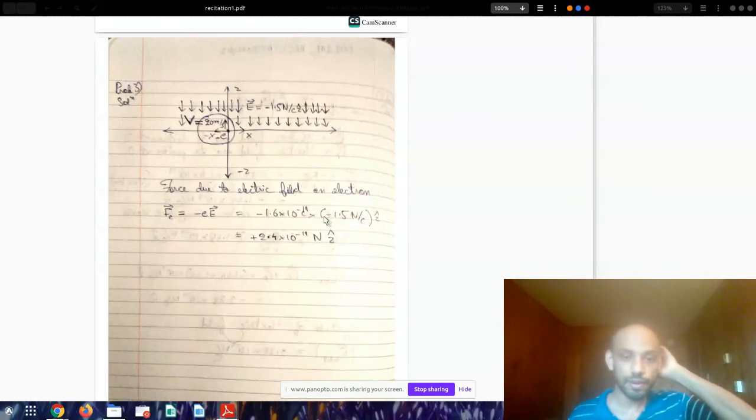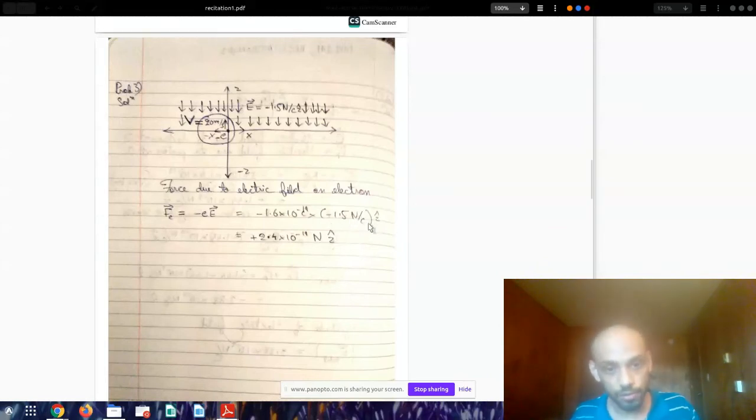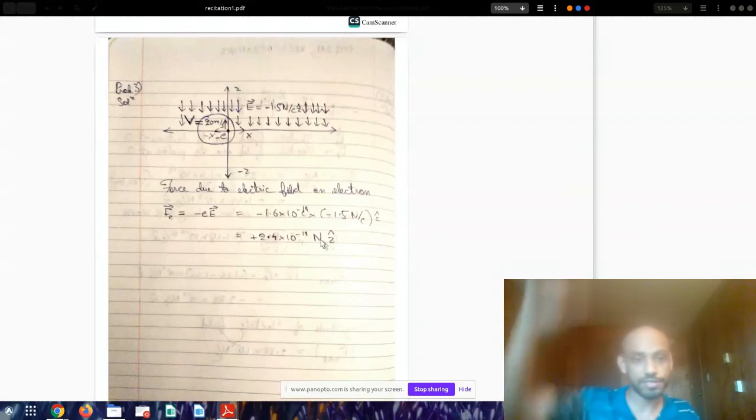Because the electric field vector is in the negative z direction, I have minus 1.5 Newton per Coulomb in the negative z direction. So if I just multiply the two values, because I have two minus signs, I get a positive sign here. The force due to the electric field on the electron will be 2.4 times 10 to the minus 19 newtons, but in the positive z direction.